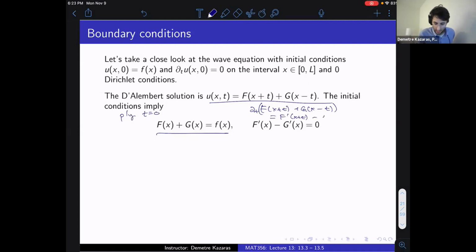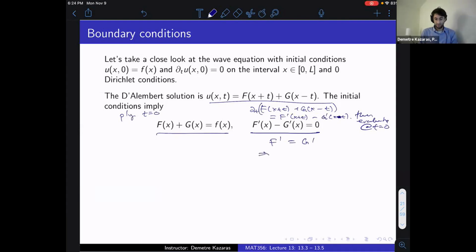So that's minus g prime at x minus t, sorry. It doesn't matter because you're going to be plugging in 0 for t. So then evaluate at t equals 0. Then you get f prime minus g prime has to be 0. Okay, so these are the 2 time initial conditions. In particular, f prime has to be equal to g prime.